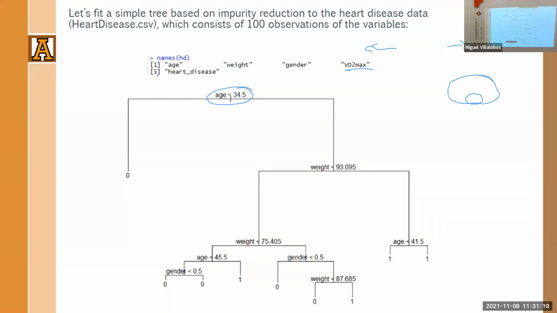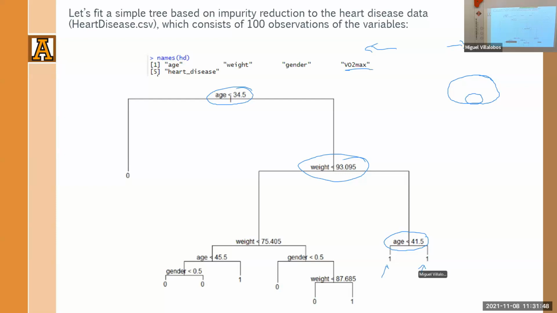Then it went over all the variables and selected weight. If weight was greater than or equal to 93, then it goes to the right, and then age is the next variable that it selects, and it assigns heart disease.